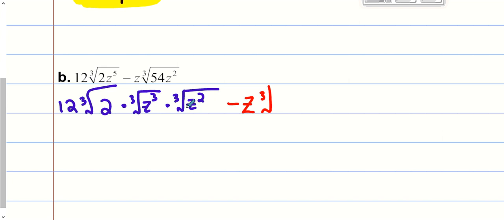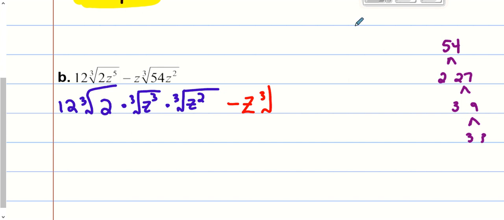54. Well, let's go to the side and break 54 down. 54, remember, is 2 times 27. 27 is 3 times 9, and 9 is 3 times 3.